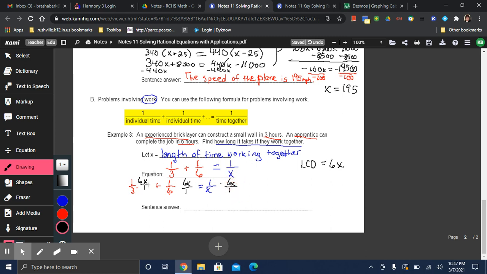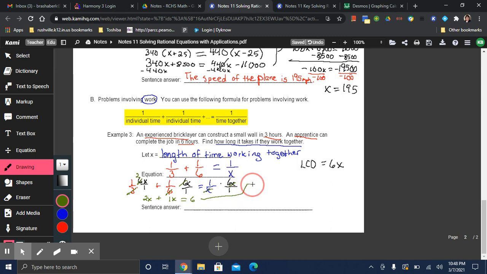So this is the method we've been using on the last couple of lessons. So you can cancel. 3 will divide into 6 2 times. So we'll have 2x plus, then the 6's cancel, and so we'll have 1x equaling, and then here the x's cancel, and so we get 6.